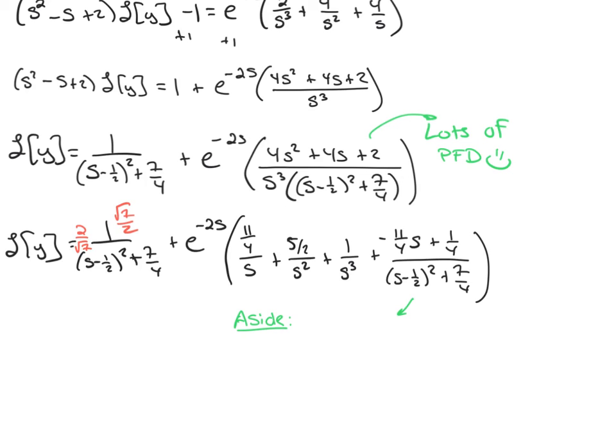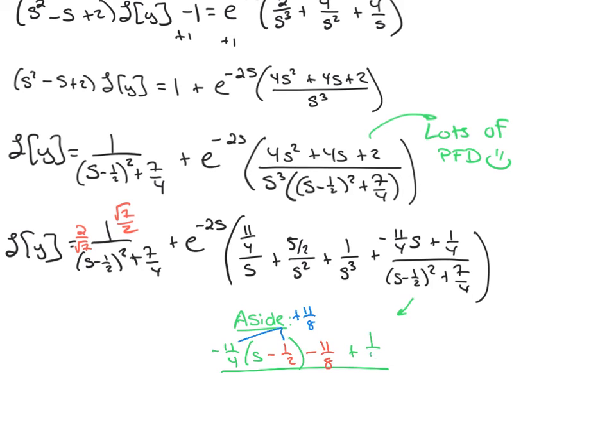So let's see. This will become negative 11 fourths s. I want minus 1/2. So I'm going to need to, let's see, that was actually adding on an 11/8. So we need to subtract 11/8 to make up for that.